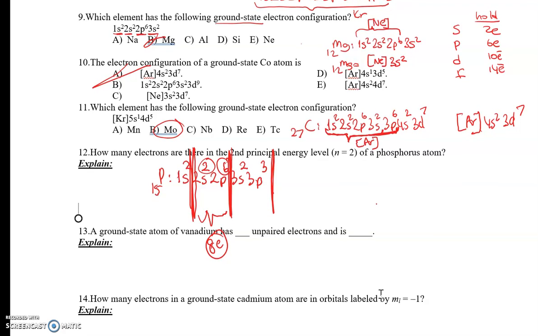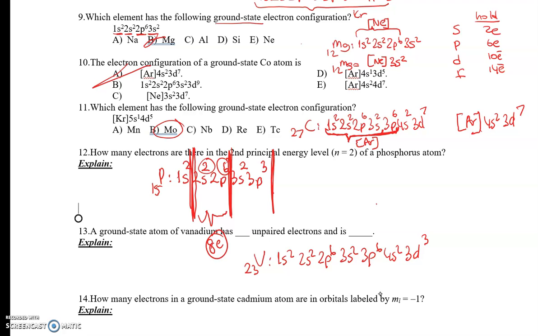So let's do 13. It's the ground state of vanadium. It's 23. 1s2, 2s2, 2p6, 3s2, 3p6, so 2, 4, 10, 12, 18, 4s2, 3d, that's 20, and then we have 23.